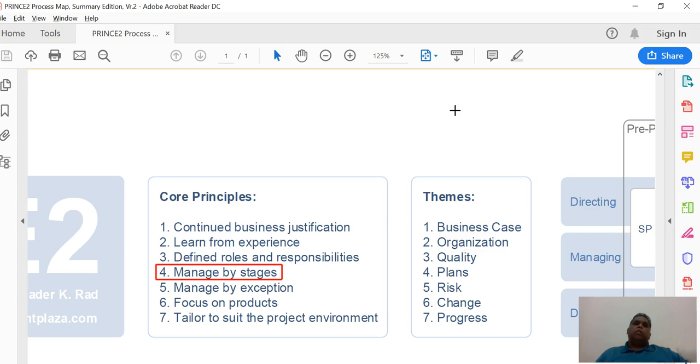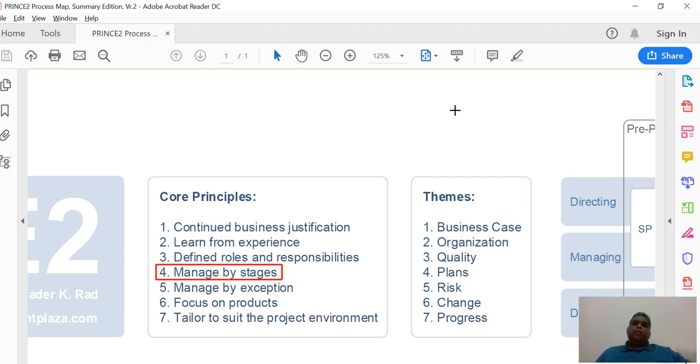Let's say we are working on a 12-month project, and one cannot have perhaps a visibility of the detailed work that needs to be done in the ninth month of the project or the 10th month of the project. So it's a good idea to use a rolling wave technique to break down the project in stages and make sure that we have an overall project plan in terms of a high level plan and a detailed project plan at the stage level.